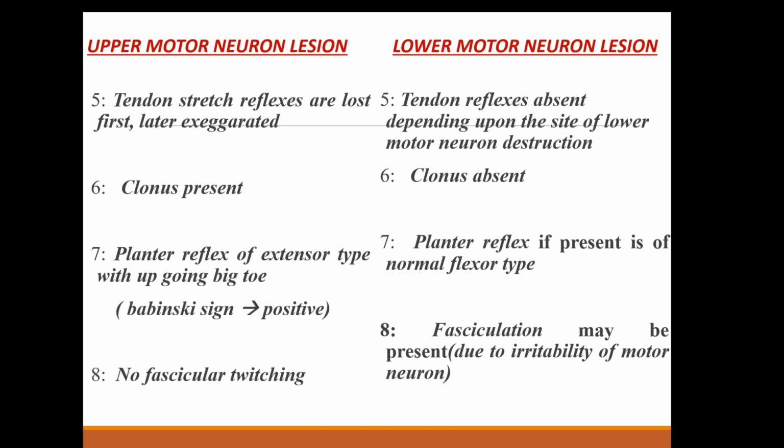The plantar reflex of extensor type, like Babinski's sign, is positive here, whereas in lower motor neuron lesion the plantar reflex, if present, is of normal flexor type. So you can say that Babinski's sign is negative in lower motor neuron lesion. No fasciculations are there in upper motor neuron lesion, whereas fasciculations are there in lower motor neuron lesion.